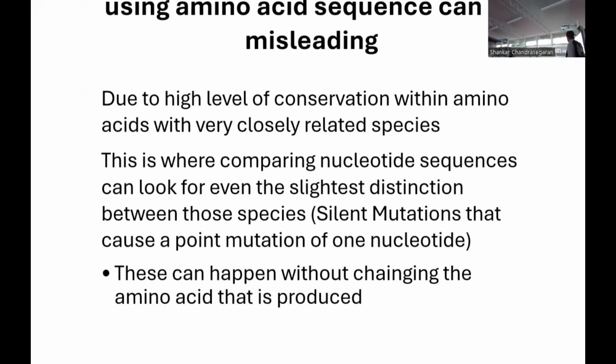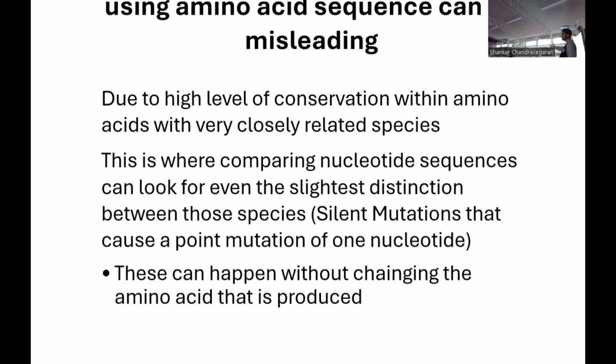So instead, this is where we compare the nucleotide sequences and look for even the slightest distinction between those species, because sometimes silent mutations do occur, where a nucleotide is changed to another nucleotide, but it doesn't cause any change in the amino acid production, right?